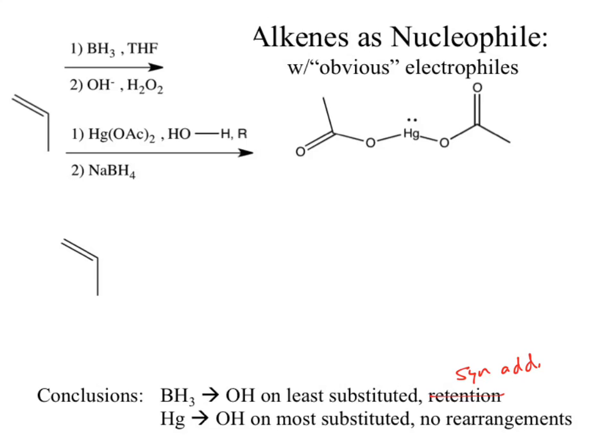Okay, so we draw out that Lewis structure once more for both of those. BH3 has what hybridization? sp2. So it has that empty p orbital in which we can dump electrons. BH4 has what hybridization? sp3.